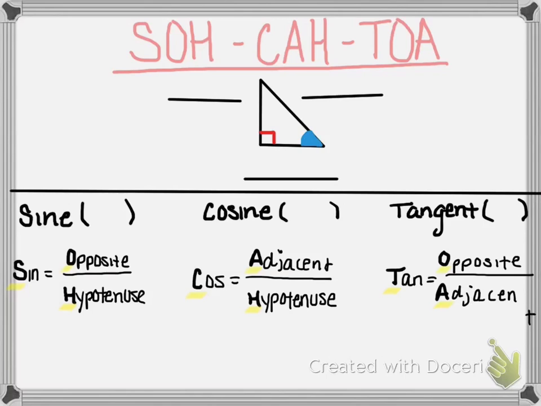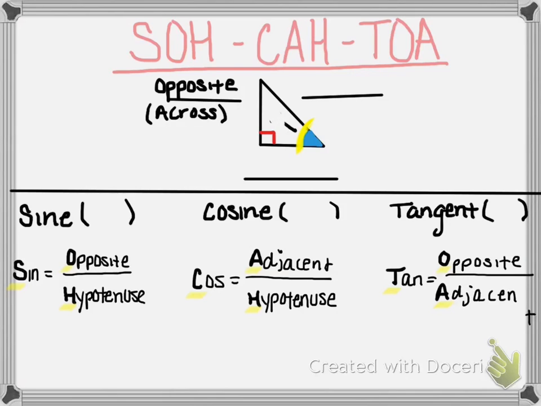I gave you a triangle, and again, I gave you that angle over here. We are going to identify those three sides: opposite, adjacent, and hypotenuse. First, let's take a look at that blue angle. I like to draw my arrow across because that side is the opposite side. Remember that when we're talking about the opposite, we're just talking about what side is across from that angle.